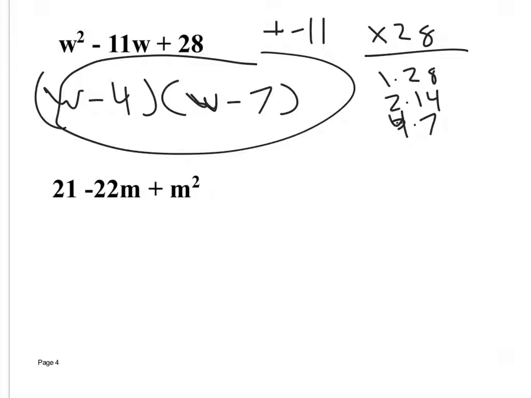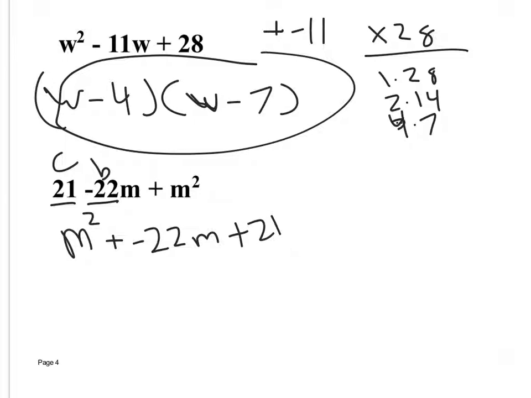I don't like the looks of it because that's not what I'm used to. Because this is still B, but this one is C. If that confuses you, you can just rewrite it, because order doesn't matter with addition, to where it's something we're used to.